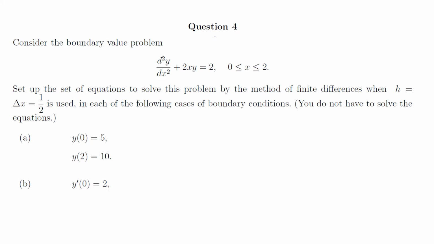All right, let's look at this question 4. We're considering the boundary value problem given by this second order differential equation, d squared y dx squared plus 2xy equals 2, x lies between 0 and 2. Set up the set of equations to solve this problem by the method of finite differences, where h equals delta x, which is 1/2, or 0.5, is used in each of the following cases of boundary conditions.